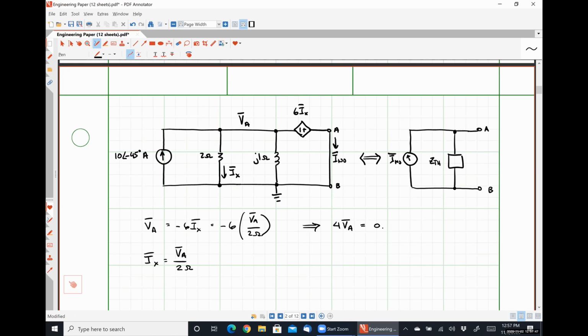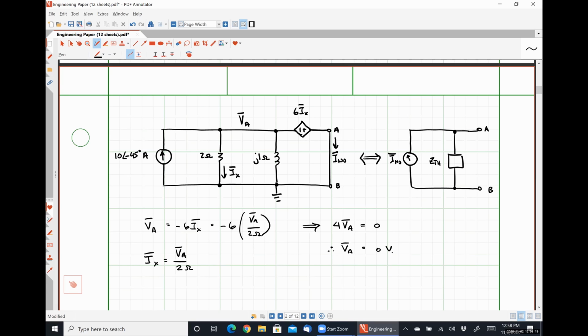Right? Anybody got any problem with my algebra here? Or anything that I've done to this point? Anybody see anything hinky looking? Everybody's groovy. All right. So from this, what must our nodal voltage VA be? 0 volts.